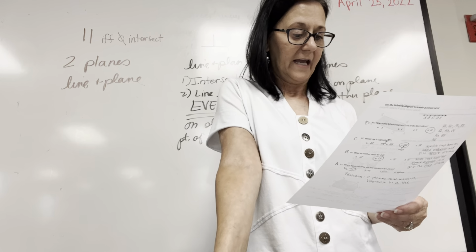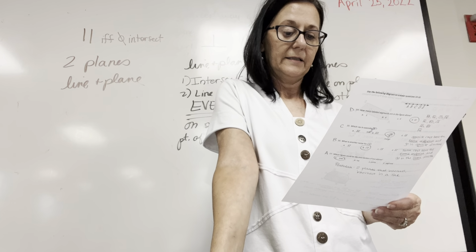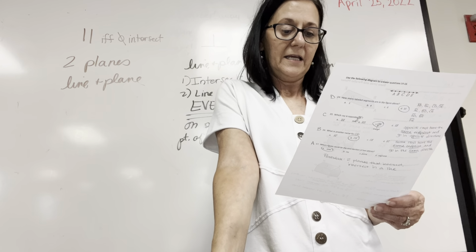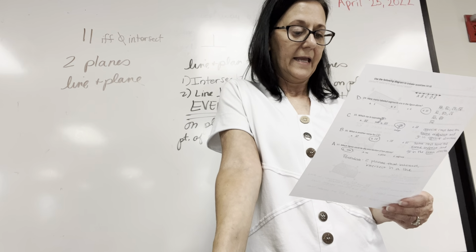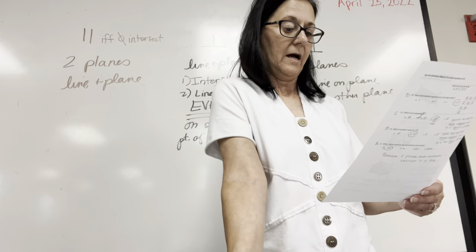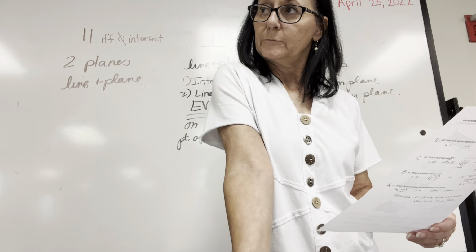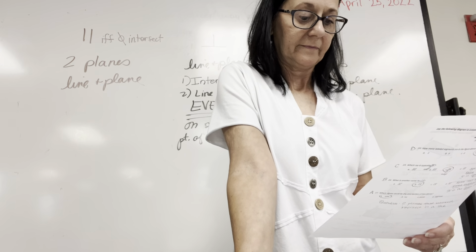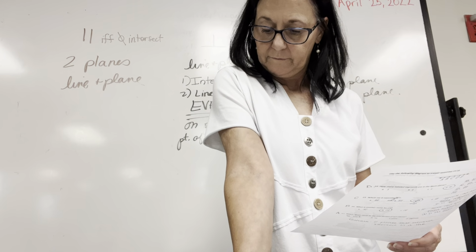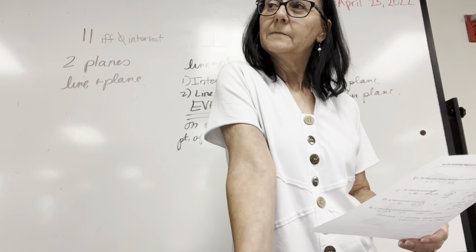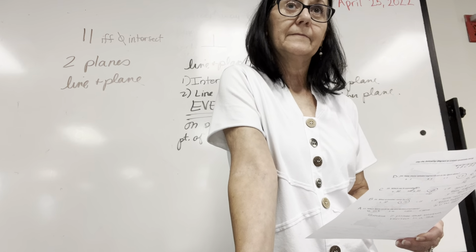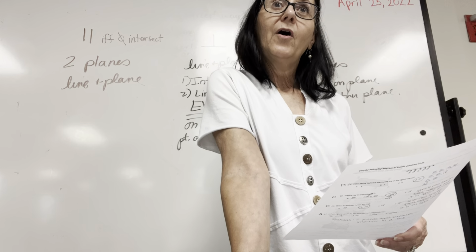What about 12, David? CG and AI, are they skew? I put false. They don't look like they're on the same plane, but they look parallel. Is there an undrawn point that technically could be there?